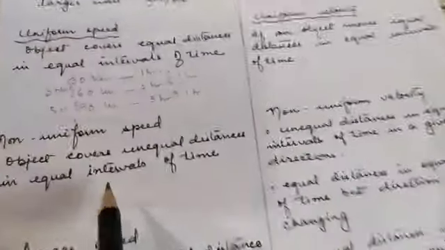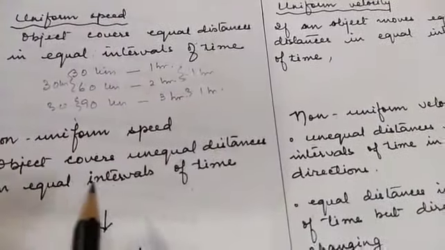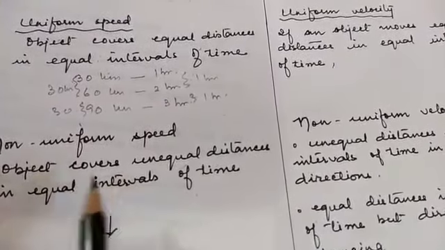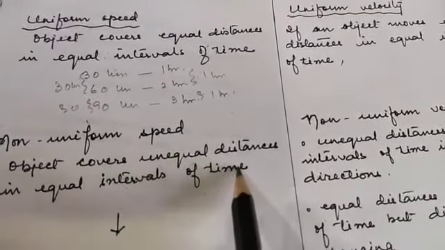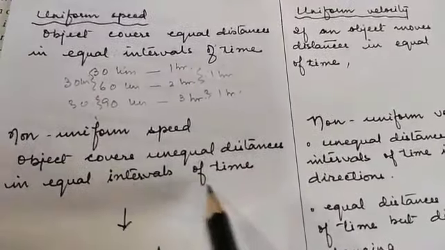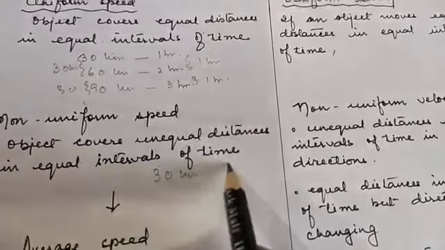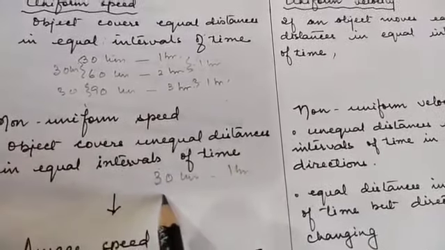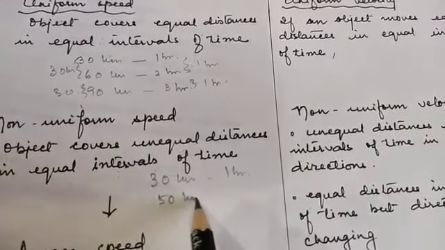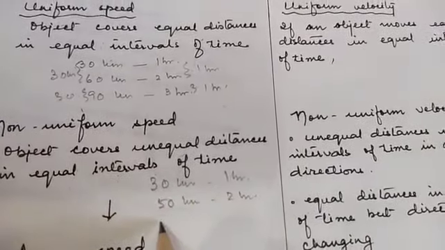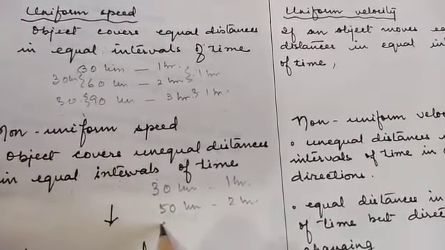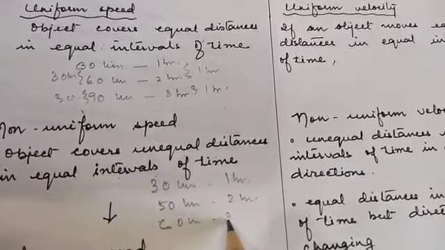And when is it non-uniform speed? When the object covers unequal distances in equal intervals of time. Suppose it covers 30 kilometers in 1 hour, then reaches 50 kilometers in 2 hours, then 60 kilometers in 3 hours.